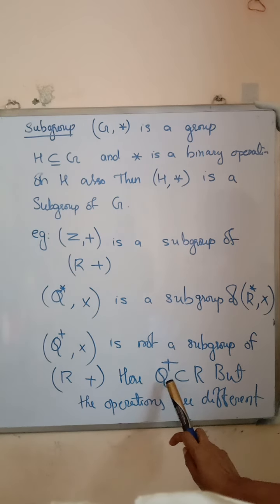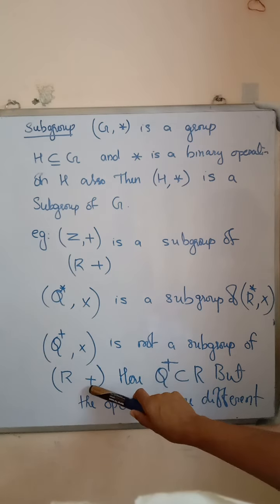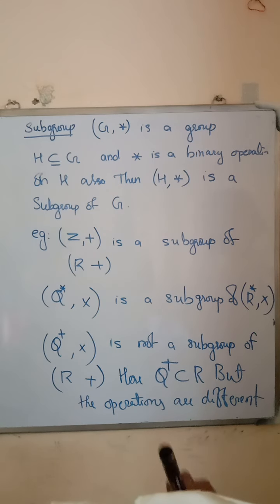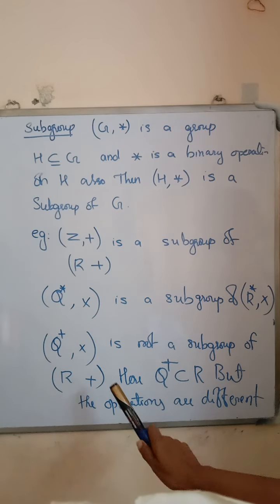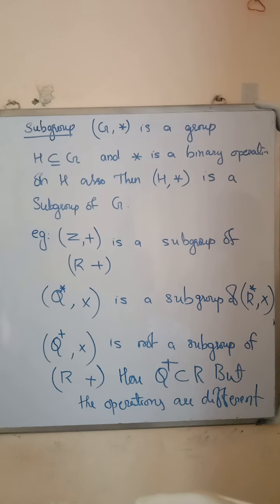But the operations are not the same. Here it is multiplication, and here it is addition. So, Q plus under multiplication is not a subgroup of R under addition. A subgroup exists only when the operation defined on the subset is induced by the operation defined on the superset.